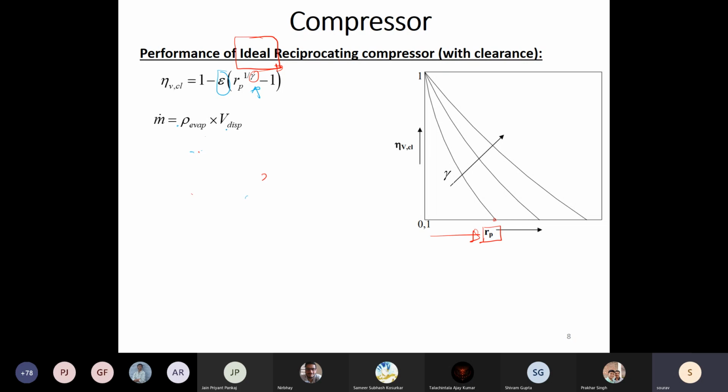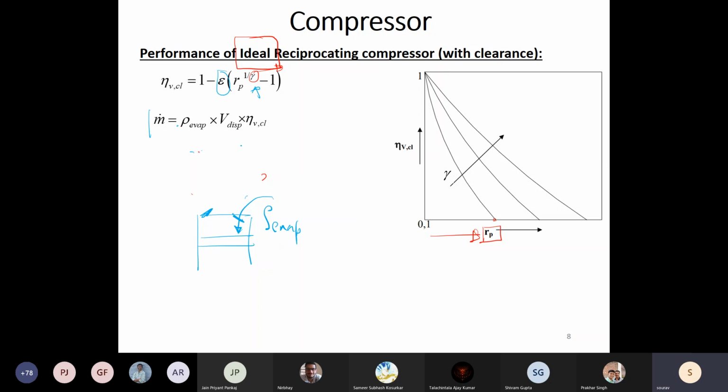Now, what is the mass flow rate delivered by the compressor? Theoretically it should be given by rho evaporator. If this is your compressor, this is your suction valve, this is your discharge valve, whatever the density of this vapor is at the evaporator condition, times the displacement volume. That should be the mass flow rate delivered by a theoretical compressor. But now we have introduced the concept of volumetric efficiency, so your entire displacement volume is not used for sucking in the vapor.